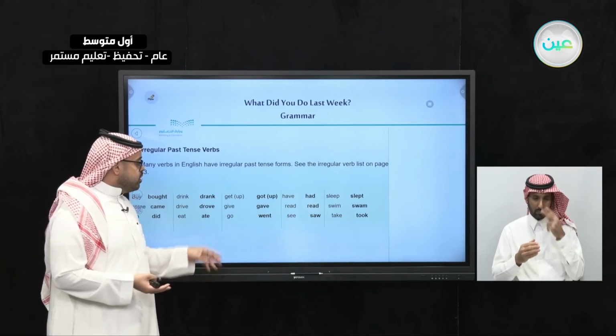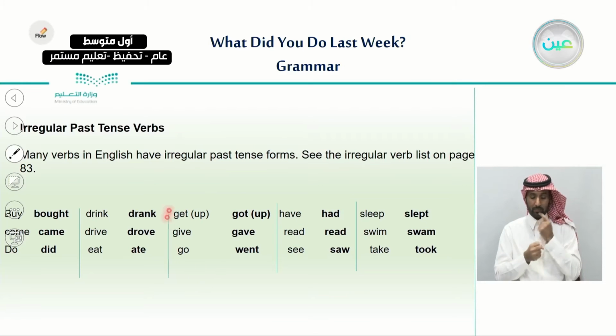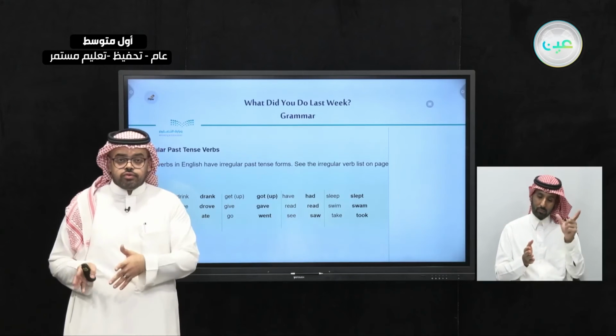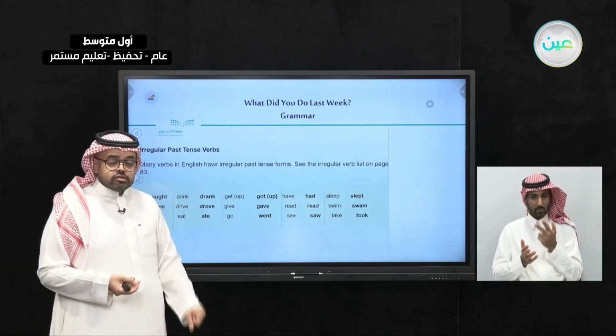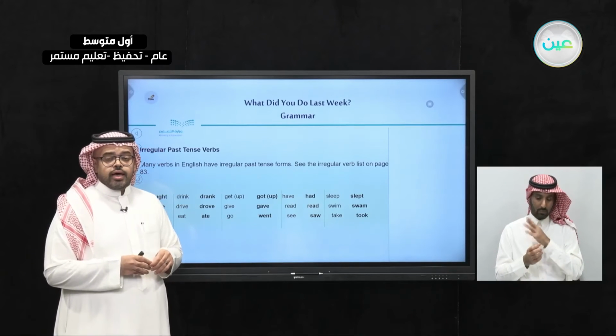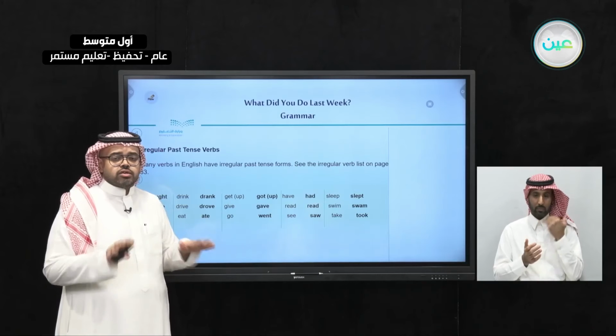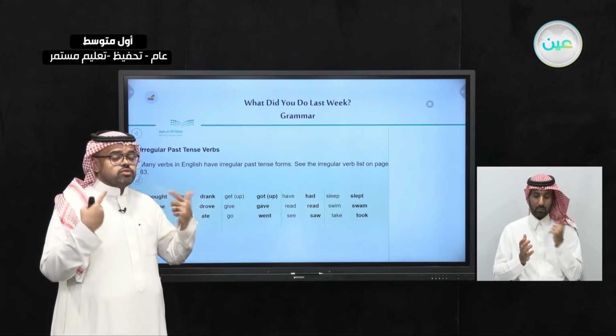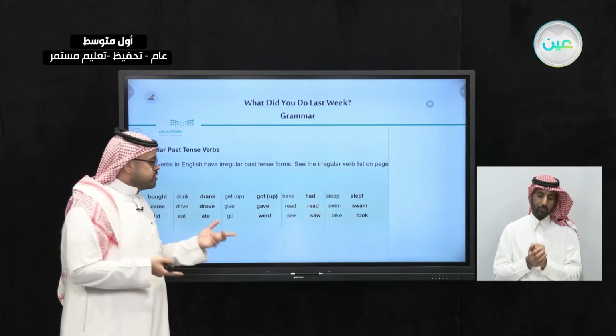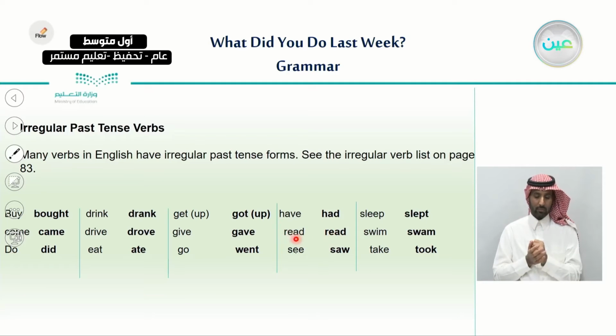As you can see here, we have the verb in the present or in the regular form. If we want to use it in the past, then we have to change it to almost another verb. You can also see that some of the verbs have the same writing, the same letters, but the pronunciation differs, for example the verb read.